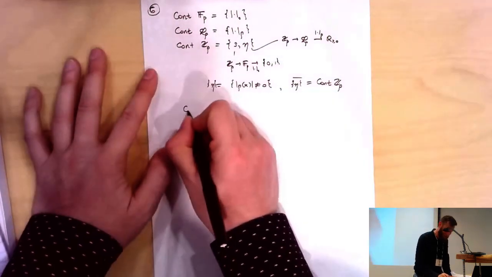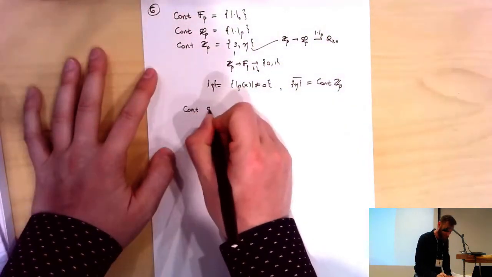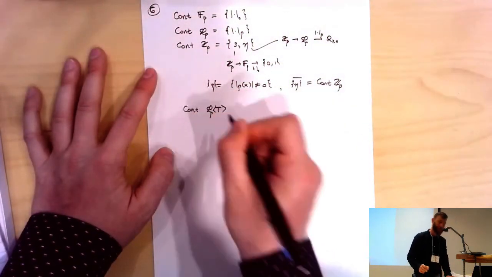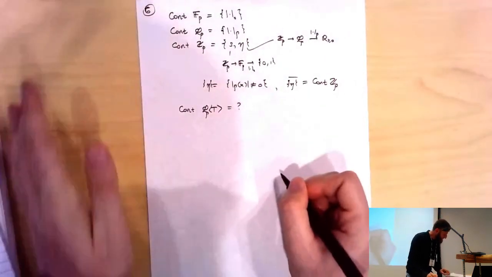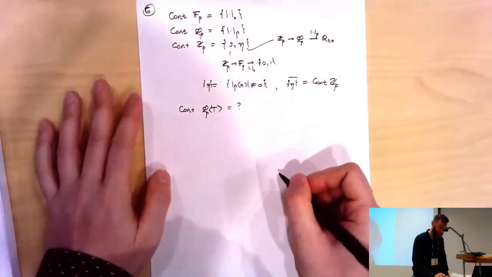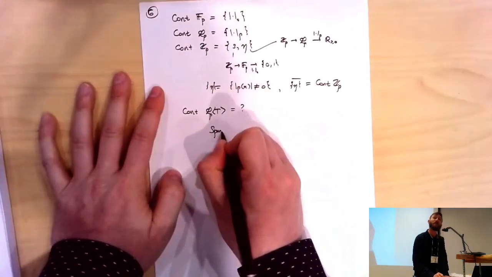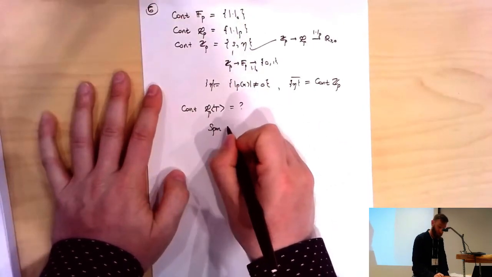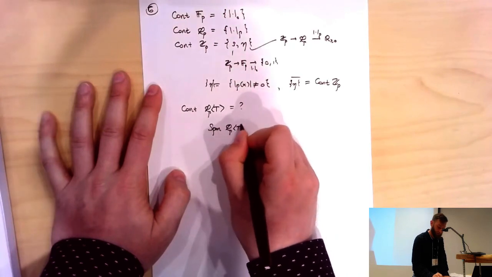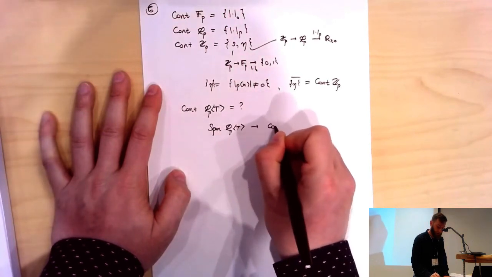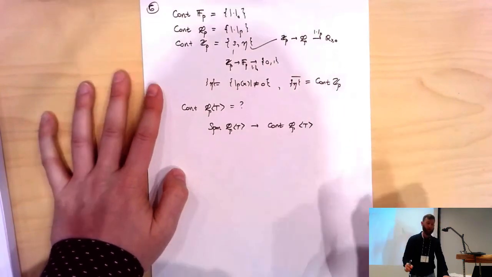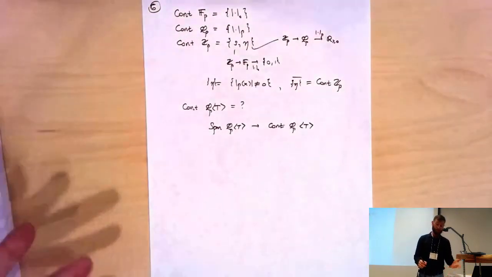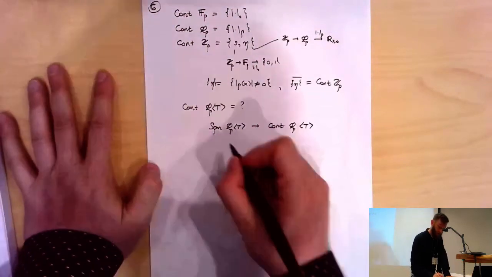Next one would be Cont of Q_p angle brackets T, right? Okay. So what is this? Well, one thing I can say is that there is a map from the rigid space SpM of Q_p<T> into this space. So the continuous valuation space contains this maximal spectrum. Why is that the case?